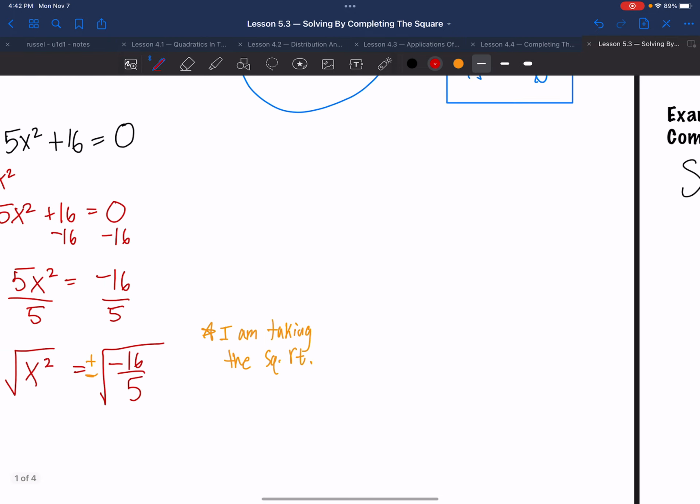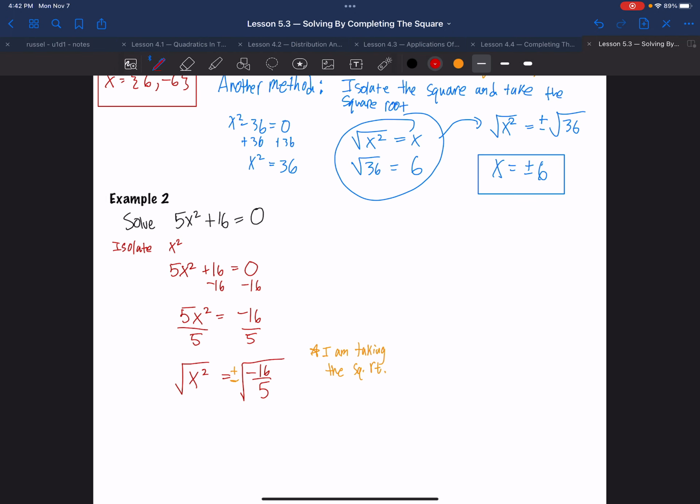So look at this piece by piece. Let's move this over. And I will say x equals plus or minus the square root of negative 16 over the square root of 5.